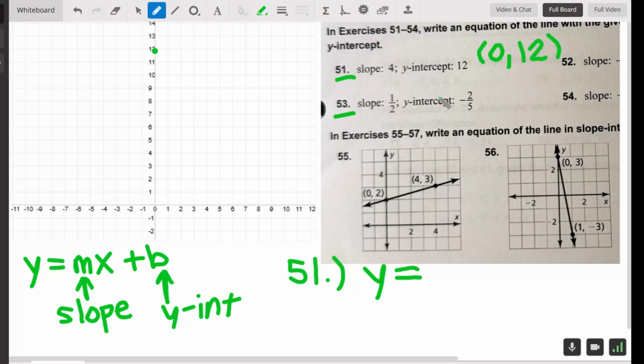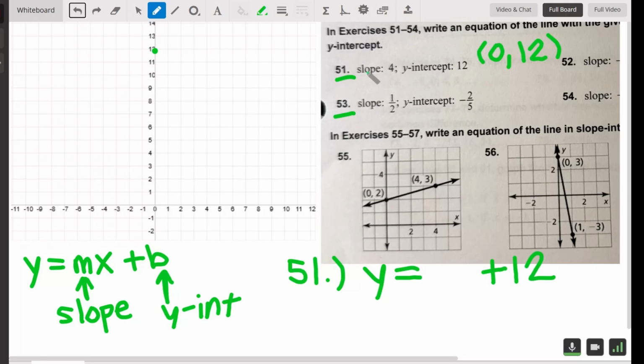But how we write an equation, we're looking at, this would be the b value of that equation. So that's going to be a plus 12 there, positive 12. So we got half of it. What about the mx part of the equation? Well, we look at the slope given.